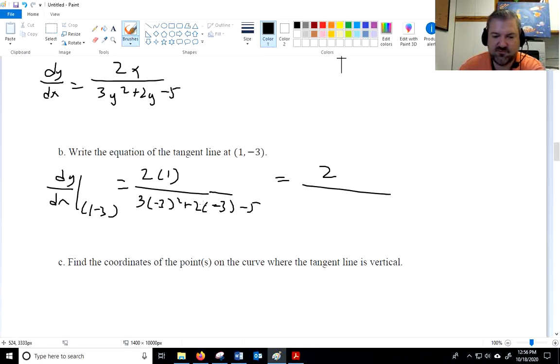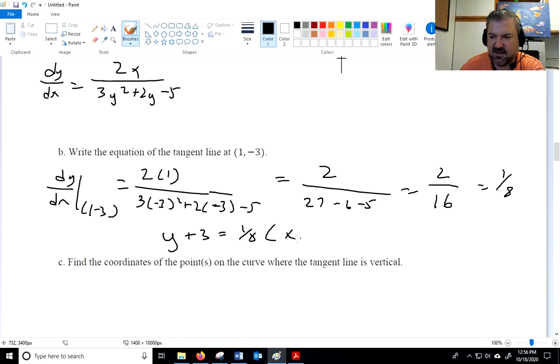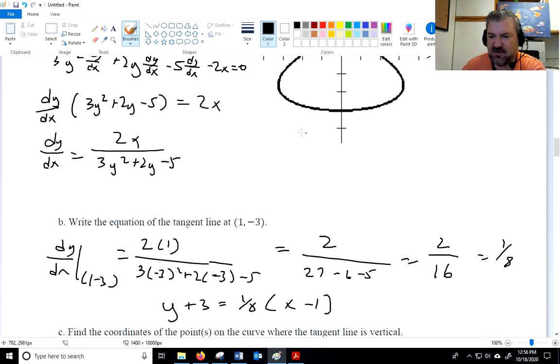So that's 2 over 27 minus 6 minus 5. So this is 2 over 21 minus 5, what is that, 16? So 2/16, we could call that 1/8. So the equation of the tangent line is y plus 3 equals 1/8 times (x minus 1). Which certainly looks reasonable. It's definitely a very flat line, 1/8, very flat slope.